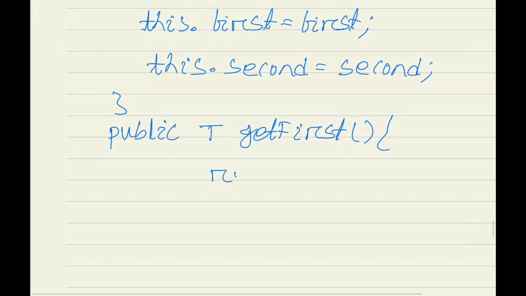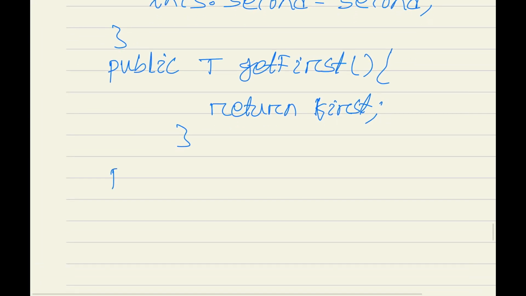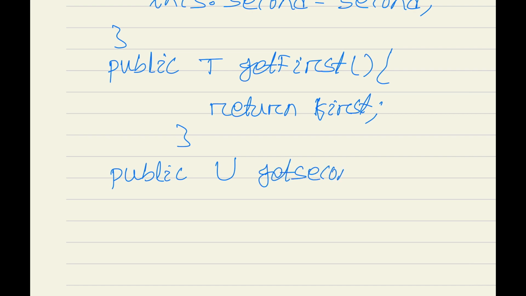Now we can write simply return first. Similarly, we can write another method, public, return type is U, and the method name is getSecond.